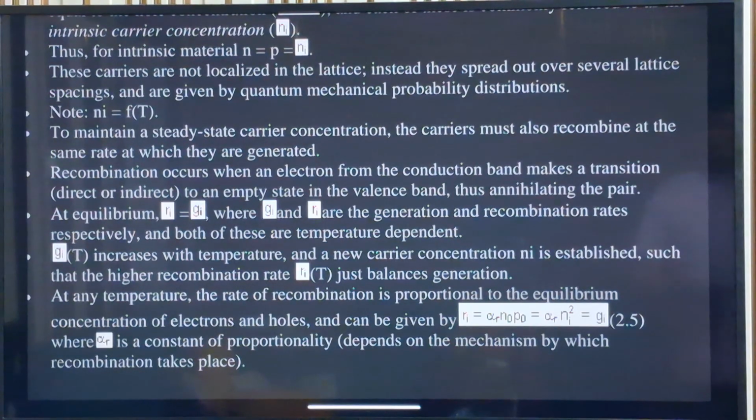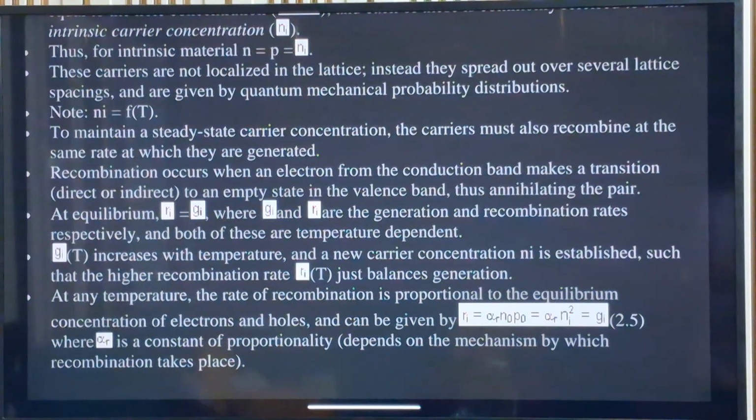However, since the temperature is, let's say, maintained at room temperature, this process of generation of electrons and holes will continue at a steady rate. So we need to have a way to basically control it so that this Ni is fixed at a particular temperature. We know that Ni is fixed, so there should be a way that this process is controlled.